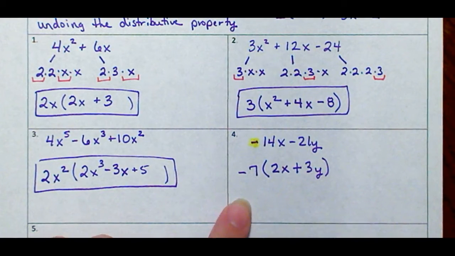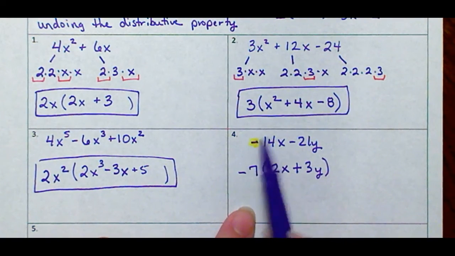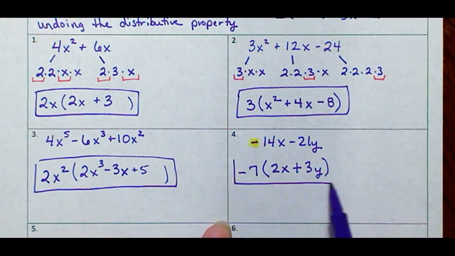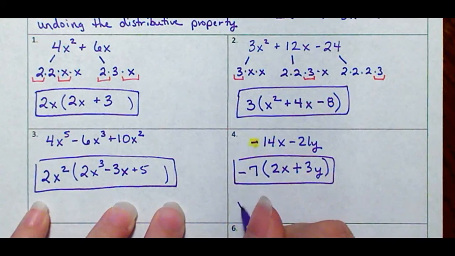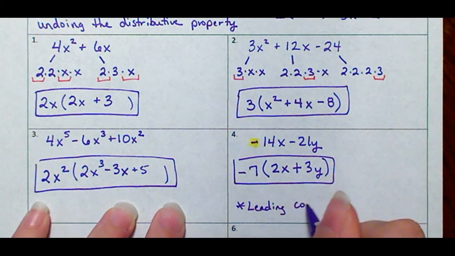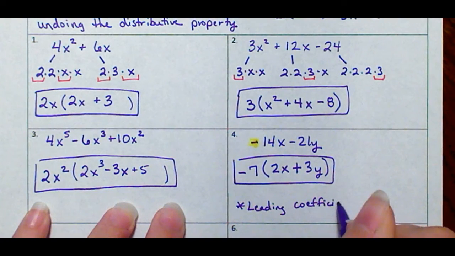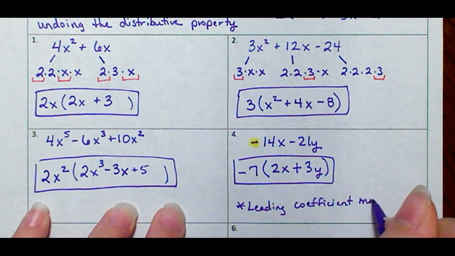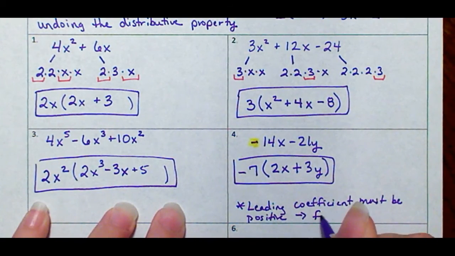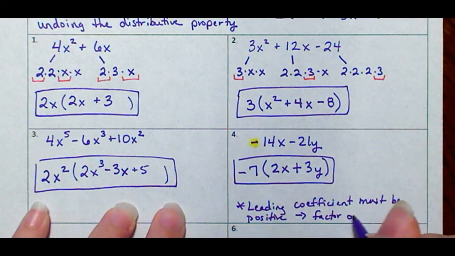Okay, so anytime you have a negative for your first term, your leading coefficient is negative, you must factor it out. That's just one of the big rules. Let's write that down. Leading coefficient must be positive. So you're going to factor out the negative.